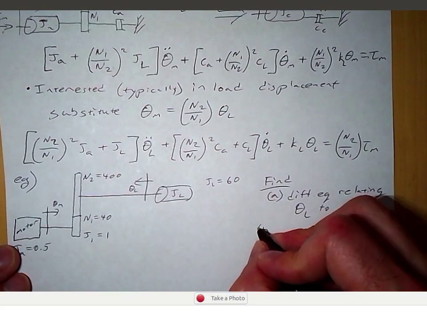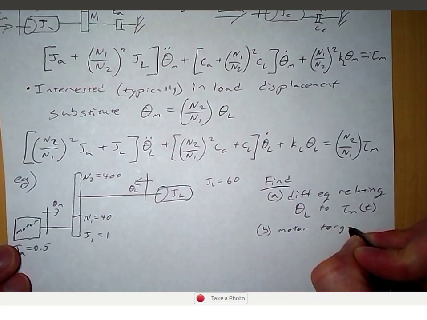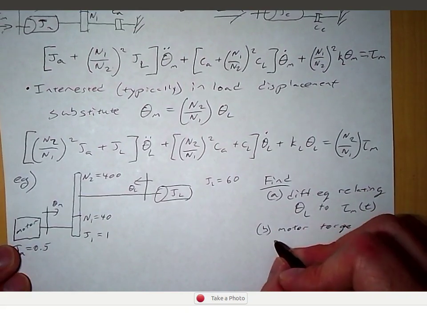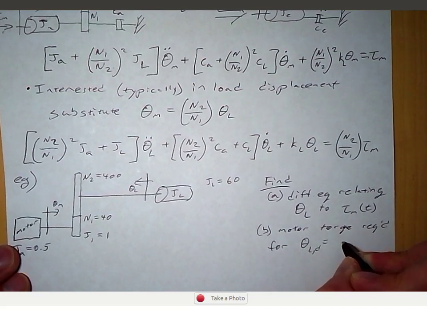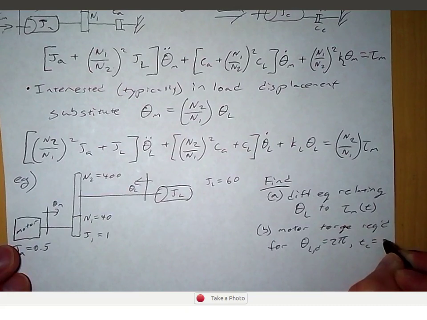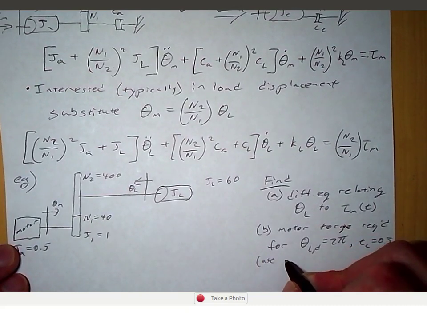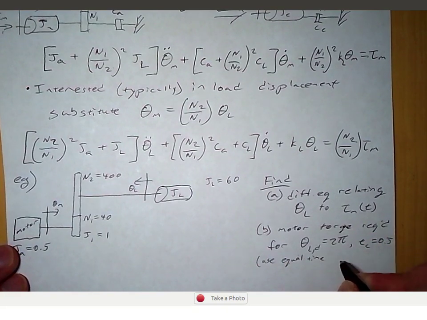And secondly, the motor torque required for an incremental motion of 2 pi radians, so 1 revolution in half a second. And that's using an equal time trapezoidal velocity profile.